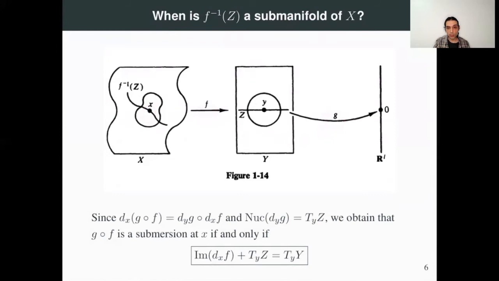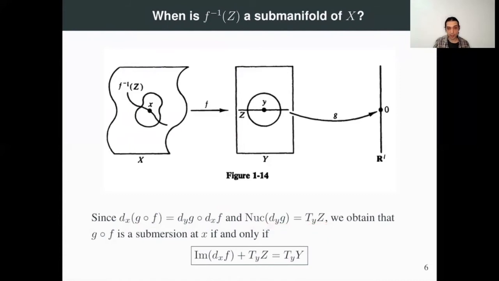In order to do so, we consider the chain rule. The differential of that composition at the point x is just the composition of the differential of F at the point x and the differential of G at the point y. y is just the image of x by F. And we know that the kernel of the differential of G at the point y is just the tangent space of C at the point y.